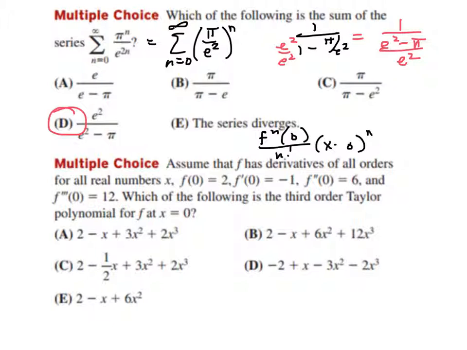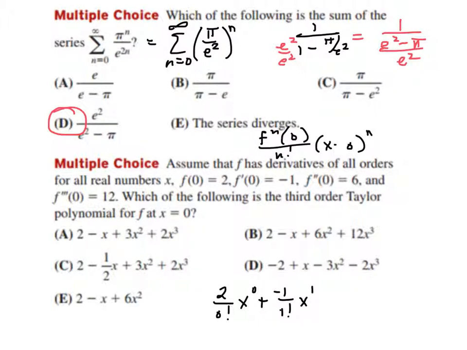So the very first term should be 2. They say that the derivative is 2, so I'd have 2 over 0 factorial times x to the 0. Next would be negative 1 over 1 factorial times x to the first.